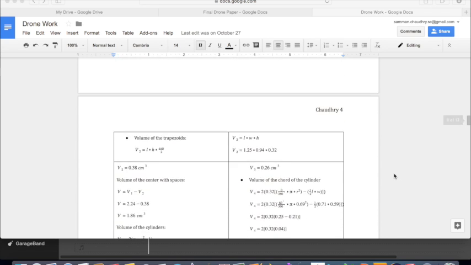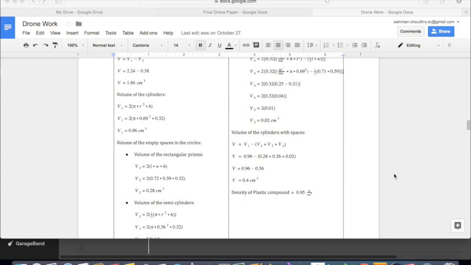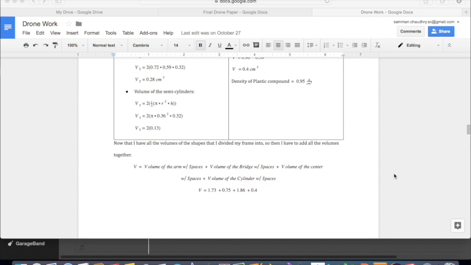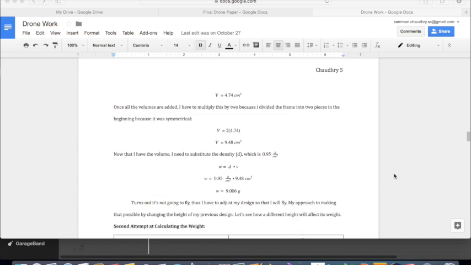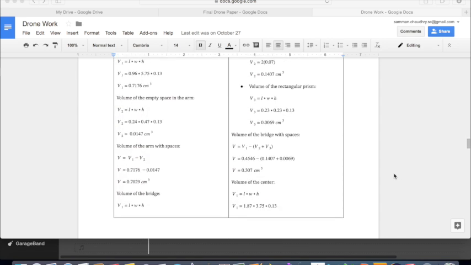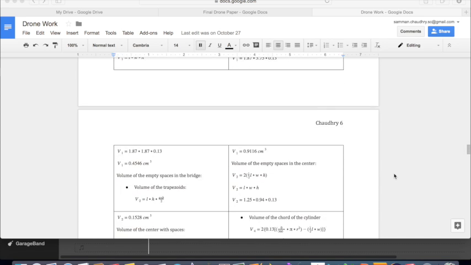To apply this to our individual designs, we distinguished the recognizable shapes that together created our design, and by doing so, we were able to find the volume of our frames.